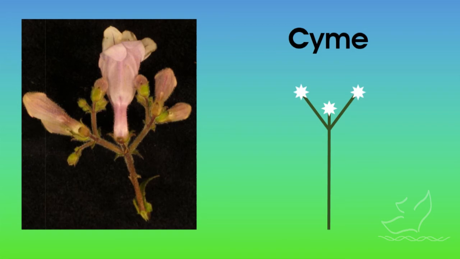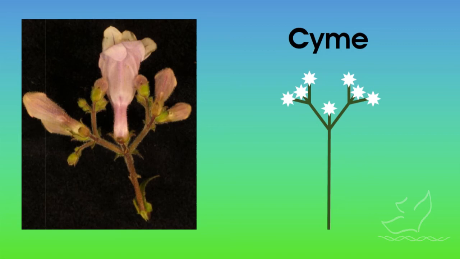And each of those then at the end has a flower forming, and below each of those flowers, again it branches and forms two more flowers. So you have the oldest in the center, then the next oldest, and then the next oldest. So you get younger and younger flowers as you spread out from the center as the branching develops. You'll notice in this cyme, it appears to be balanced. You have the branching on both sides, and this repeats and repeats.